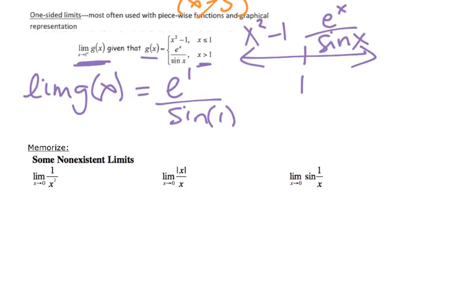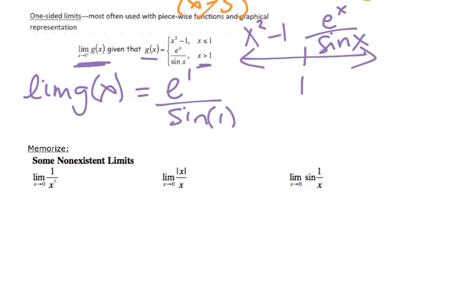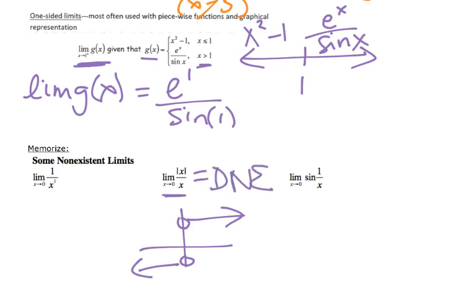Okay, a couple limits that you should just memorize, or memorize their graphs. We actually talked about this one earlier. It's that parent function that looks like this. The limit does not exist. For the limit as x approaches 0 of 1 over x squared, this was one of the parent functions we memorized. These are coming together at x equals 0, but they're headed towards infinity.